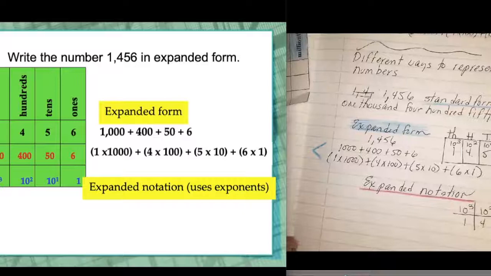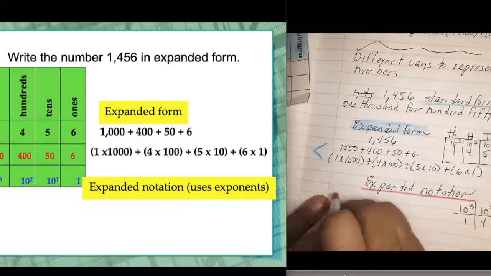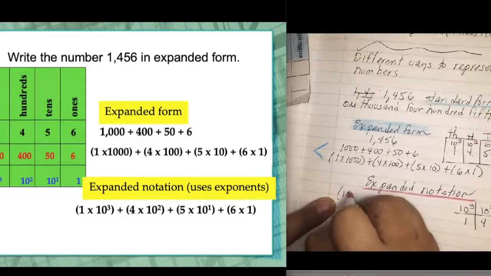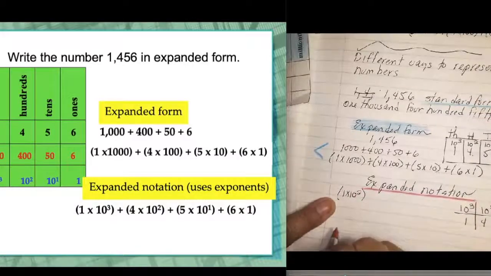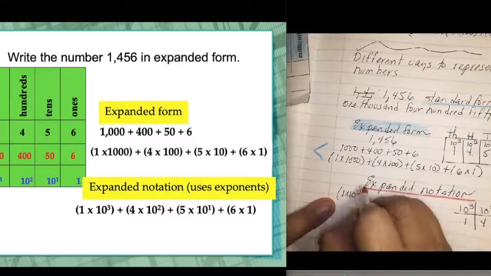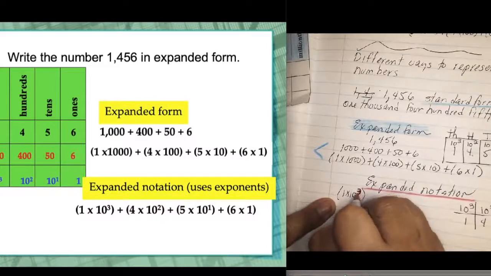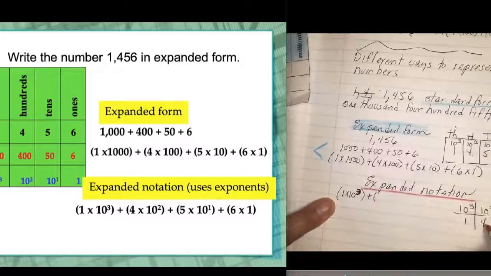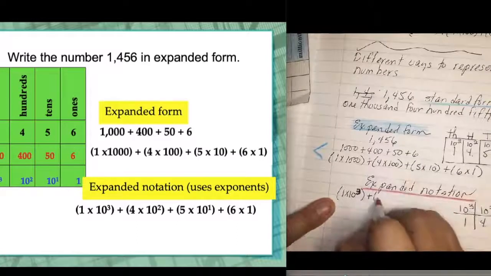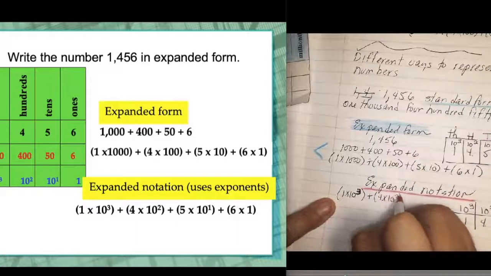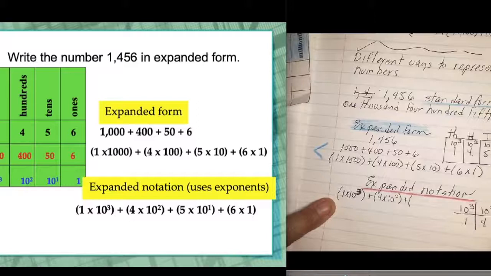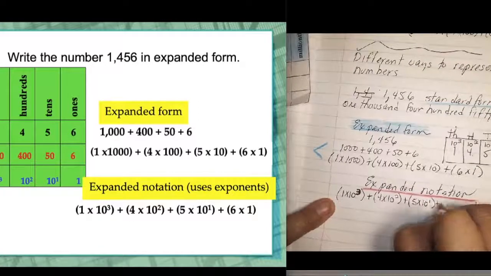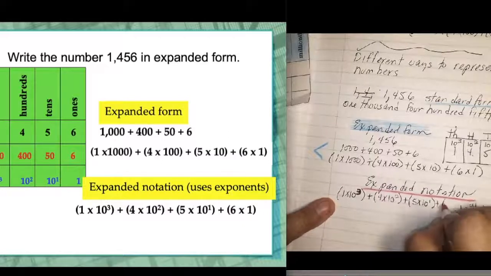Okay, so let's go ahead and put it together. So this is going to be 1 times 10 to the 3rd power, plus 4 times 10 to the 2nd power, plus 5 times 10 to the 1st power, plus 6 times 1.